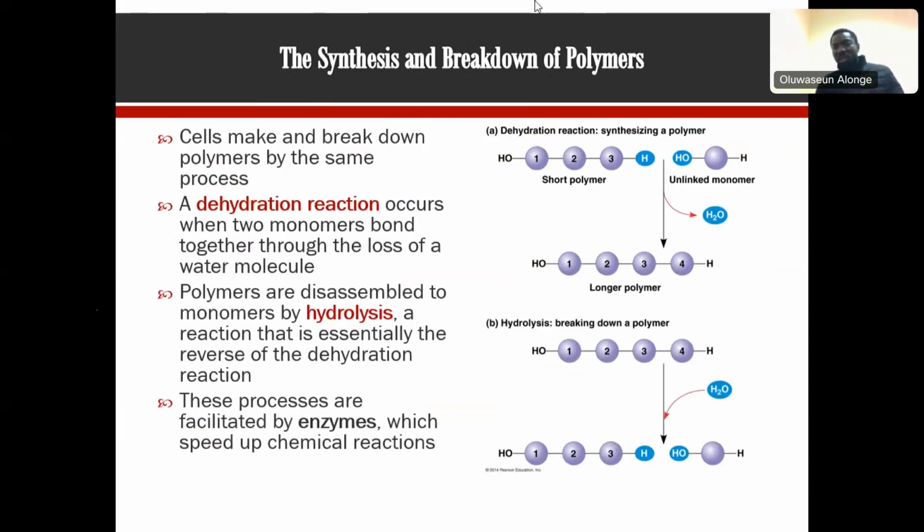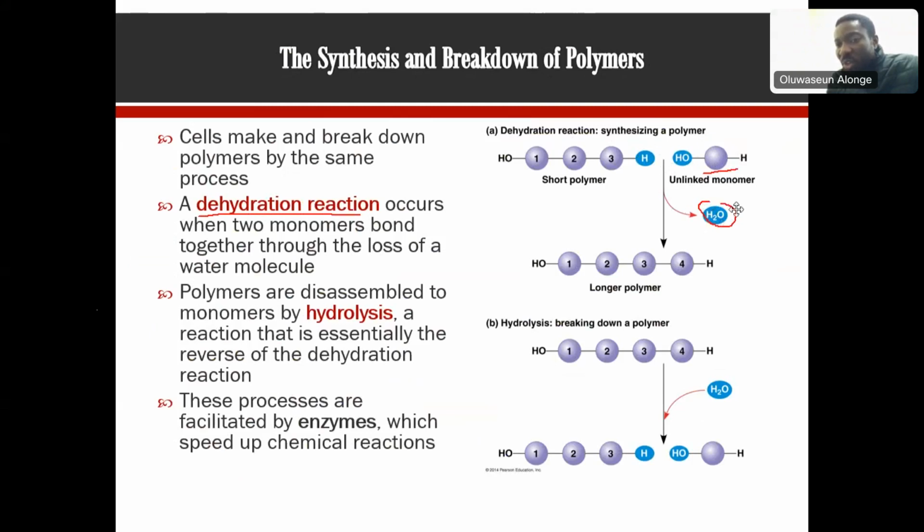If you have 2 monomers and you want to join them together, the process that joins them together is called a dehydration reaction. Now, how does that happen? So let's say this is one structure, this is another structure. If you are going to add this monomer, 1 unit, to this existing polymer, this will lose a water molecule. So you see OH will be detached from here, hydrogen will be detached from here, and it forms a water molecule.